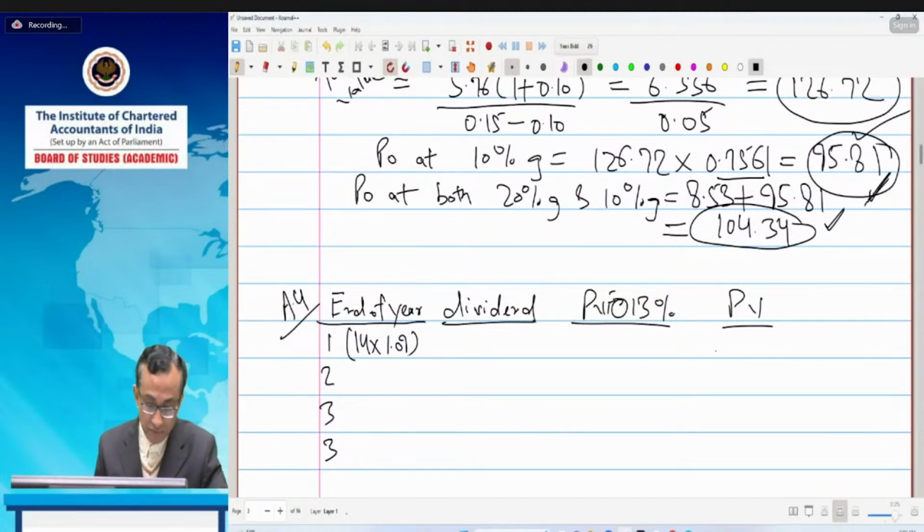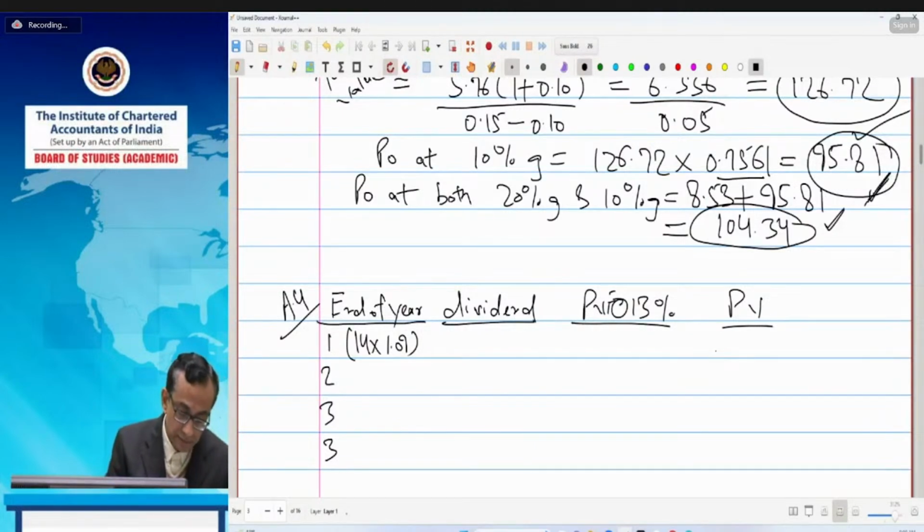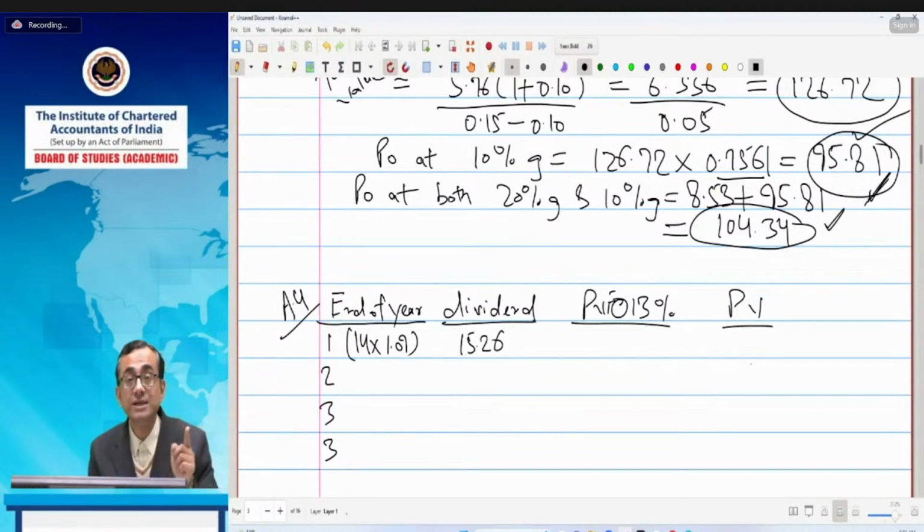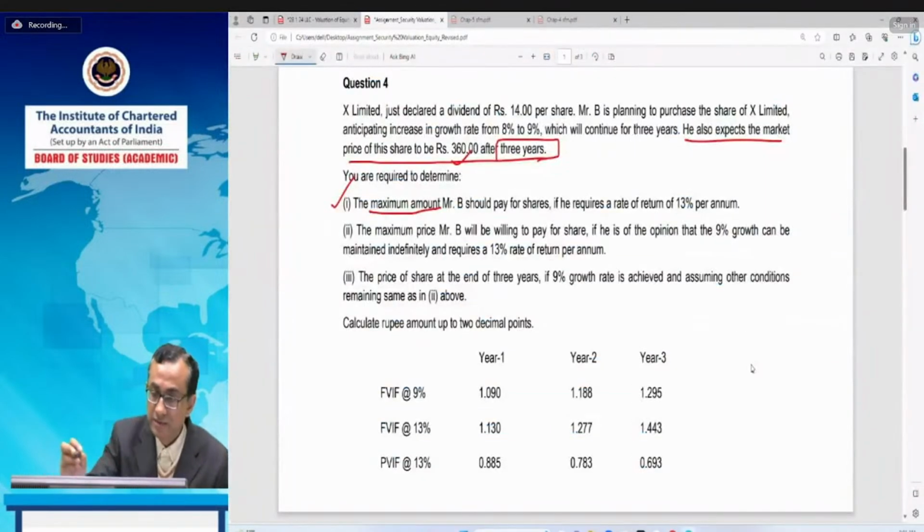So 14 into 1.09, 15.26 is the dividend. What is this? 15.26 is the dividend at the end of year one. Because in the question, it is specifically given that 14 is the present dividend or the current dividend.